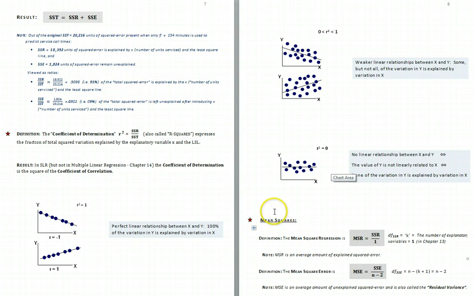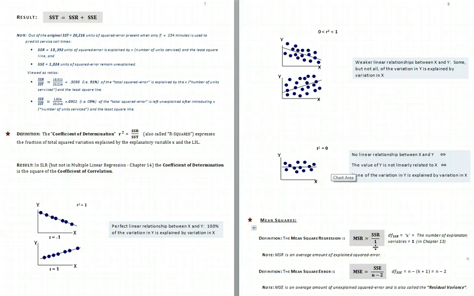There are two mean square quantities we'll need in forming an F statistic. The first one is the mean square for regression. It's simply the sum of squares for regression, the amount of explained variation, divided by its associated degrees of freedom, in this case 1.